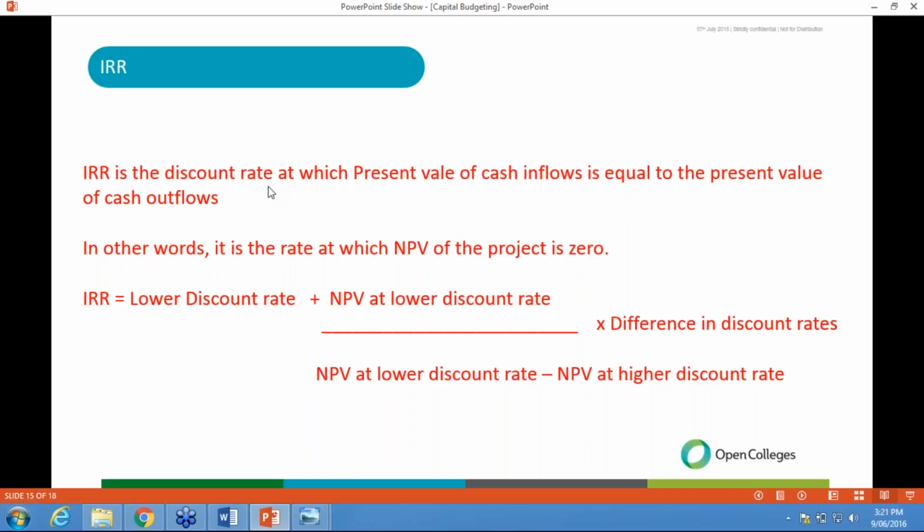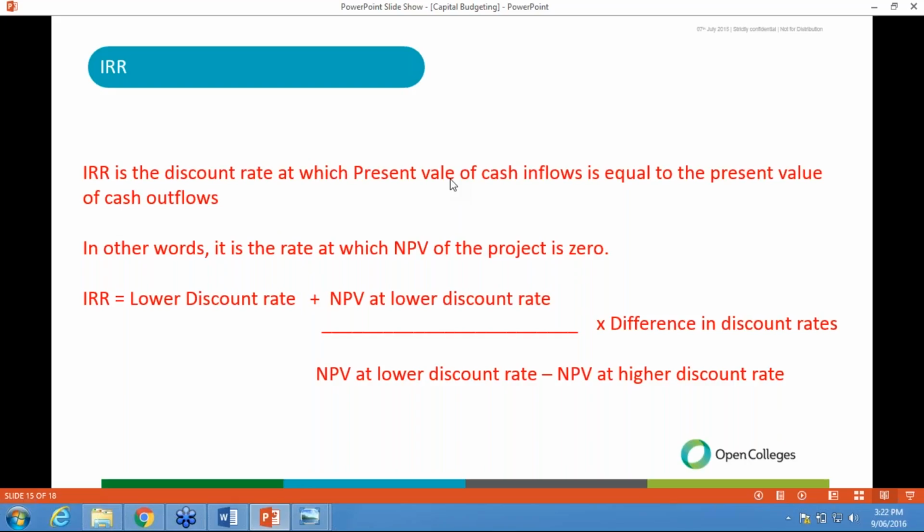That means your present value of cash inflow is equal to present value of cash outflow. I have just used break-even point in a general sense, not a technical sense. So the meaning is a discount rate at which present value of cash inflow is equal to present value of cash outflow. In other words, a rate where NPV will be 0. Because if present values of inflows and outflows are the same, and you subtract present value of cash outflow from present value of cash inflow, of course, you will get 0 NPV.